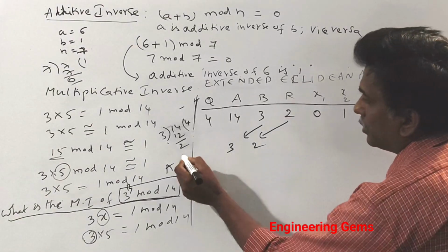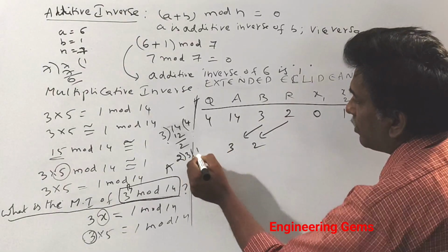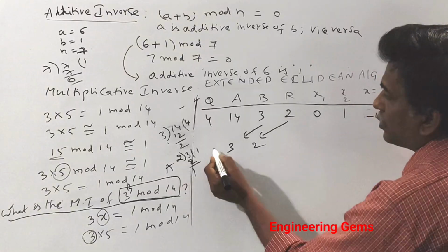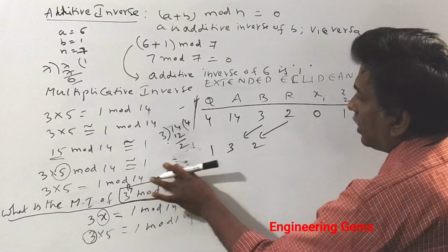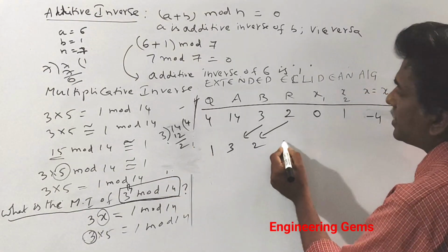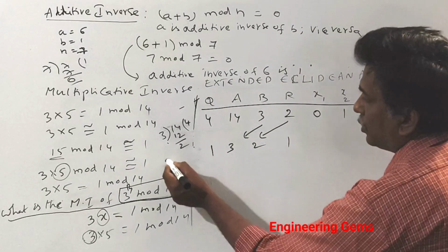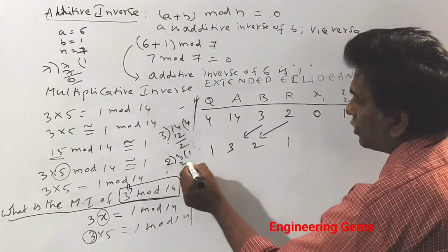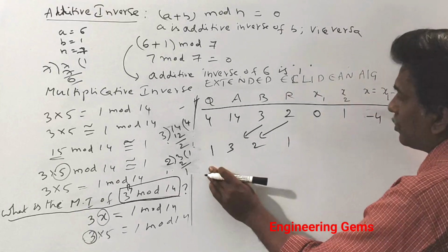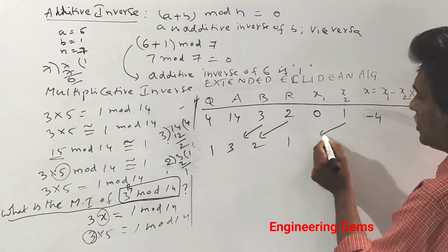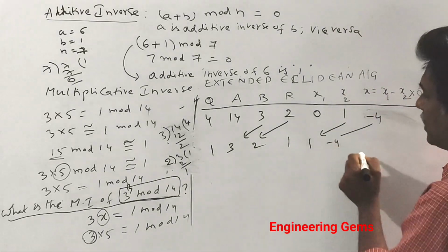Now 3 divided by 2, or rather 2 divided by 3: 1 two is 2, remainder is 1. So the coefficient is 1 and the remainder is 1. Now this 1 is shifted here, minus 4 shifted here.